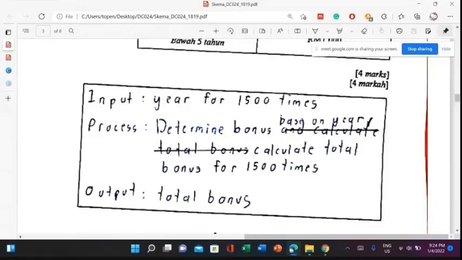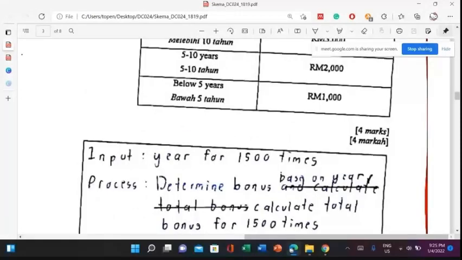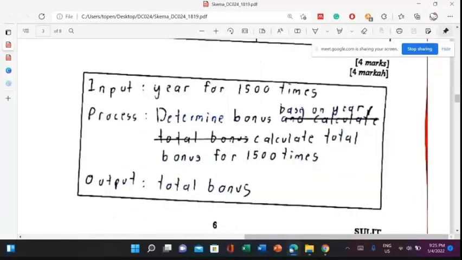determine. Remember, okay, I mentioned that there are 3 types of staff. The one year of service is over 10 years. The second one is between 5 to 10 years. And the last one is below 5 years. So that's why we use the word determine.